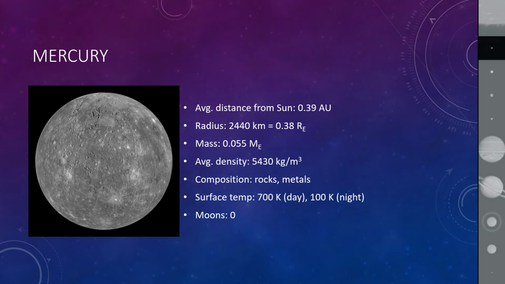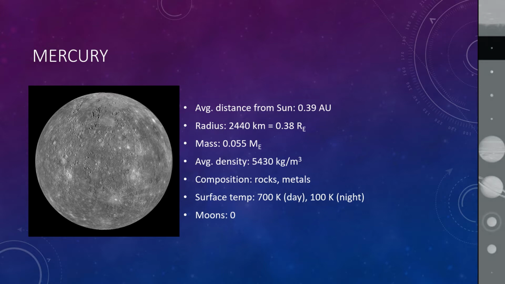Tidal forces from the sun have forced Mercury into an unusual rotational pattern. Its 58.6 day rotation period means that it rotates exactly 3 times for every 2 of its 87.9 day orbits of the sun.